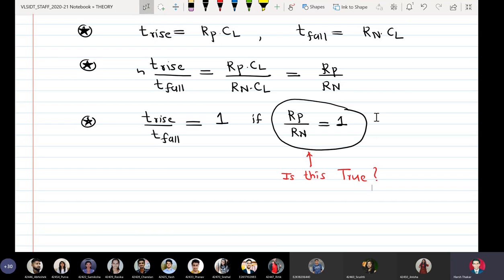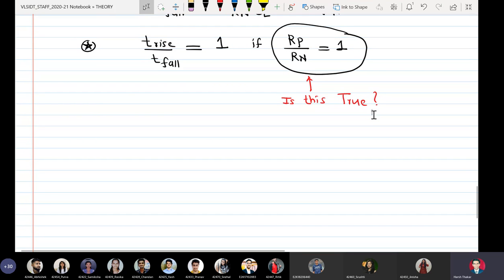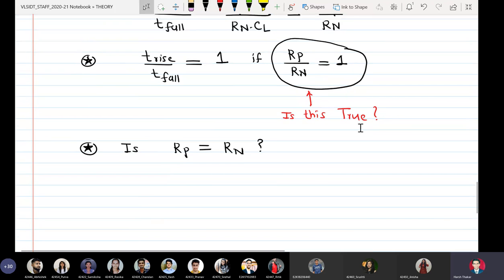So if RP is not equal to RN, because of which rise time is not coming equal to fall time, what can I do to make RP equal to RN? The necessary condition for rise time being equal to fall time is that RP should be equal to RN. So we will find out: is the on-state resistance of PMOS equal to the on-state resistance of NMOS?